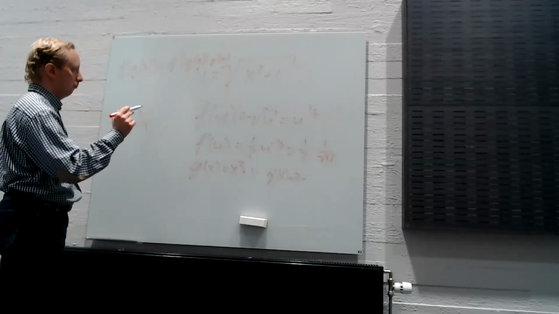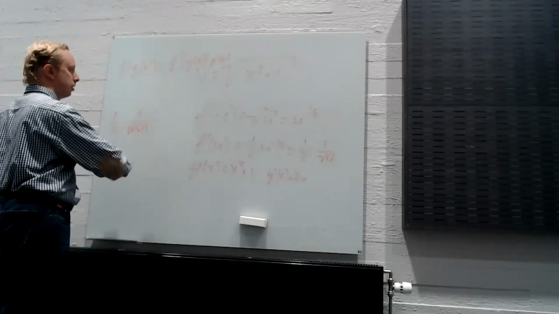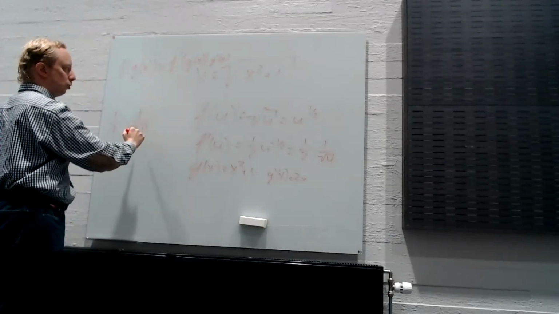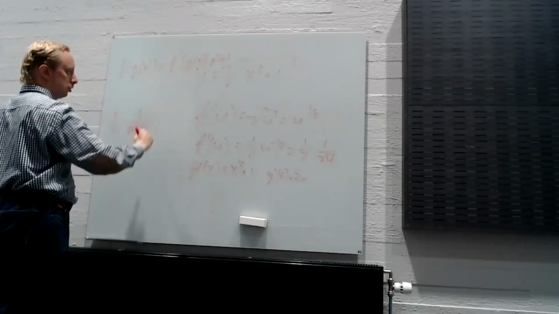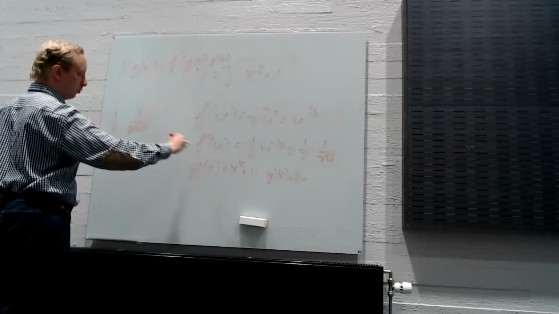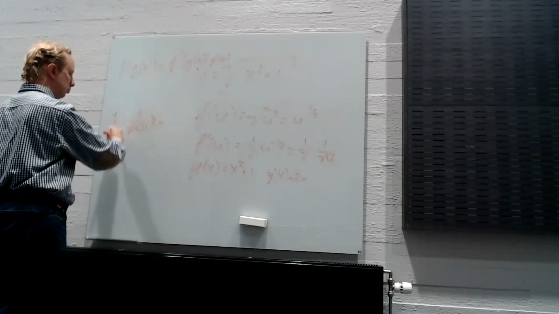So this is just x squared plus 1 here. So that was the argument or parameter there, and then g dash x. So that's the 2x there. And these cancel out.